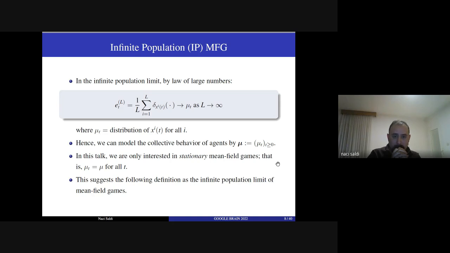And in this talk, we are only interested in stationary mean field games. Therefore, I assume that for all t, mu t is equal to mu. And this suggests the following definition as the infinite population limit of mean field games.